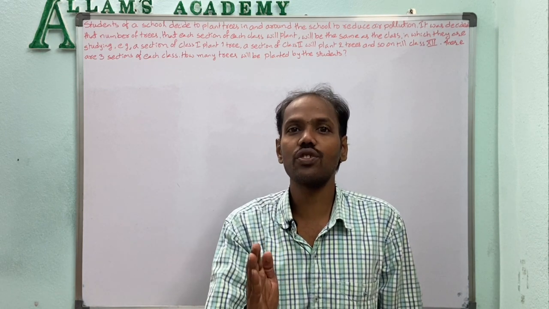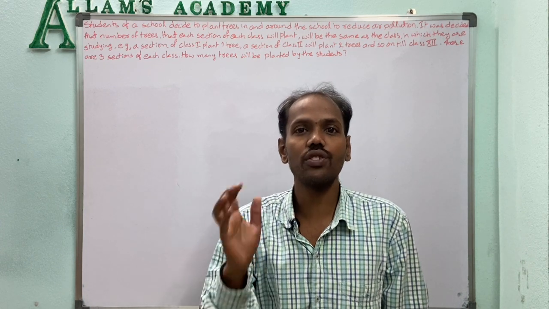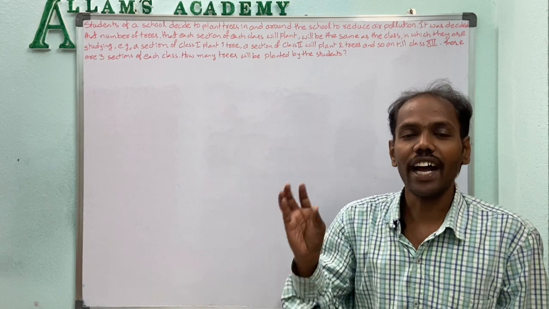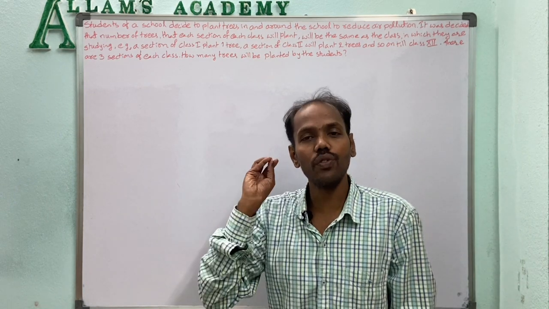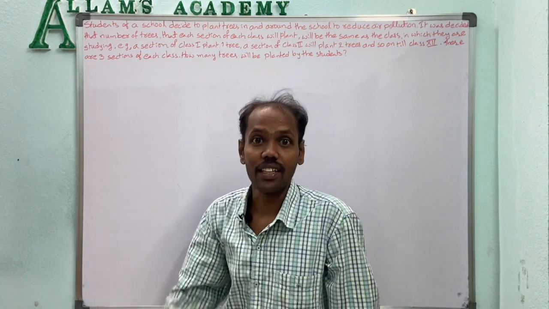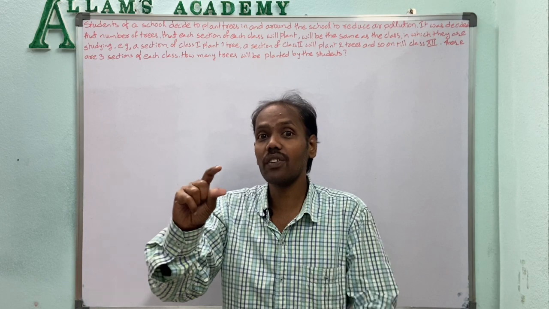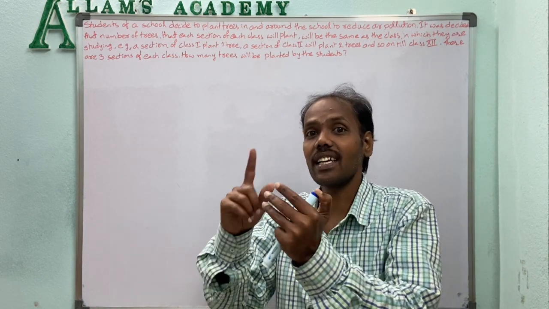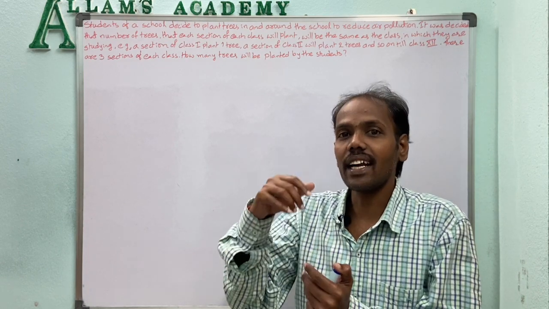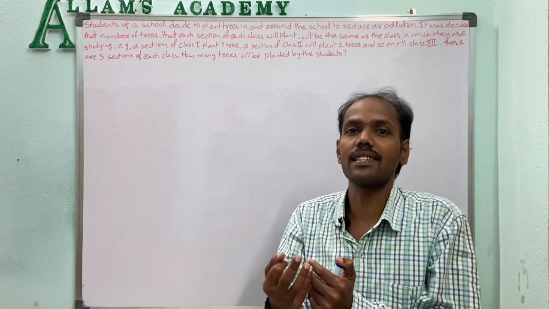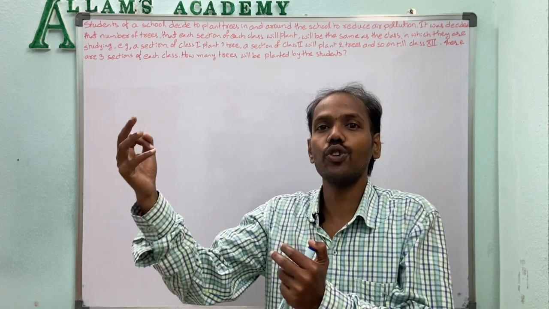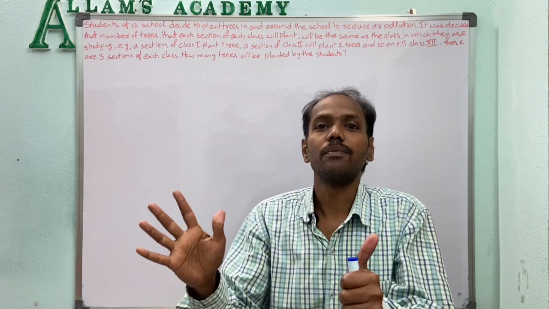That means first class students plant 1 tree, second class students plant 2 trees, third class students plant 3 trees, and 12th class students plant 12 trees, and each class has 3 sections. So for the first class, 1 plant per section and 3 sections means 3 plants total. Second class students plant 2 plants, but with 3 sections, that is 2, 2, 2, which means a total of 6 plants.